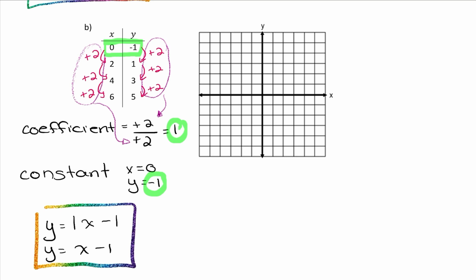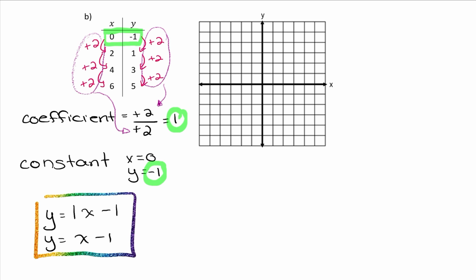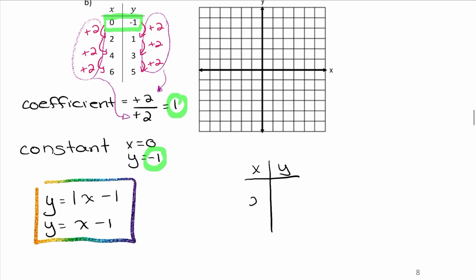All right, so before we go ahead and sketch it, what I want to do is talk about what happens if we can't actually see a 0 value. So let's say I take the table of values from above, and I only give you these values here: 2, 1, 4, 3, 6, 5.